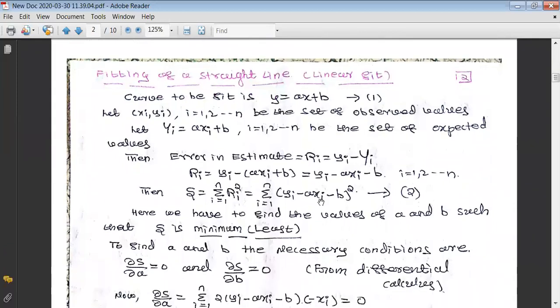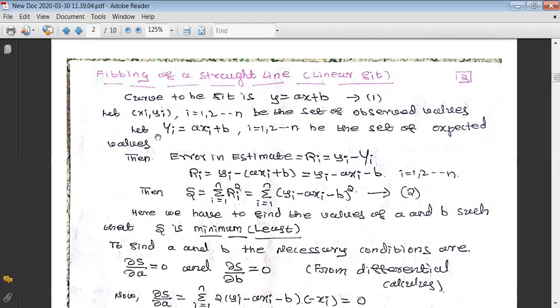First, let us discuss how we can fit a straight line for a given set of data. In this case, the curve to be fit is y equal to ax plus b, and let us denote it as equation 1. With respect to this fitting, let xi, yi, i varies from 1 to n be the set of observed values. These observed values are expected according to the law y equal to ax plus b.